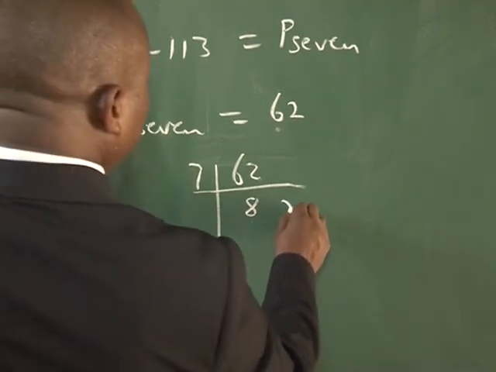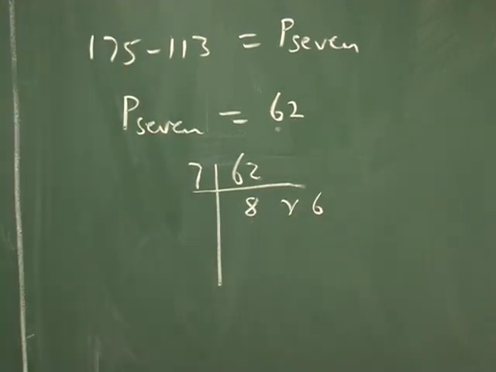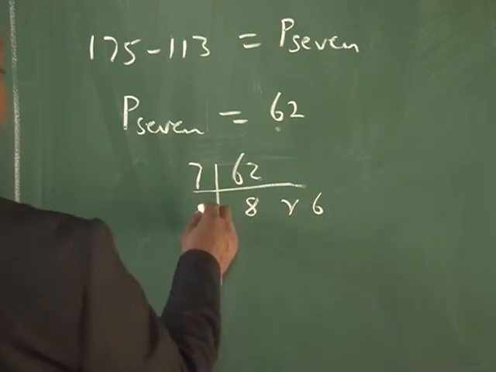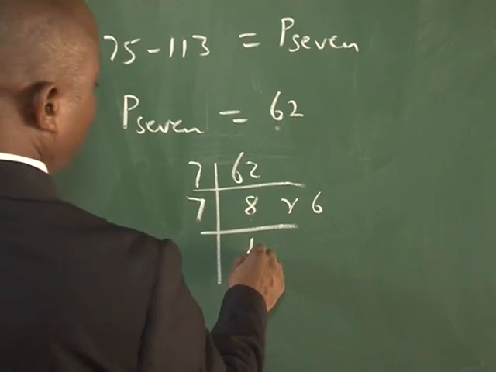So we'll have remainder 6. Then 8 divided by 7 give us 1.